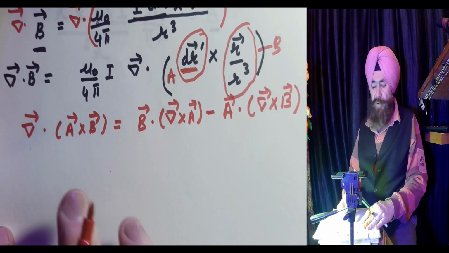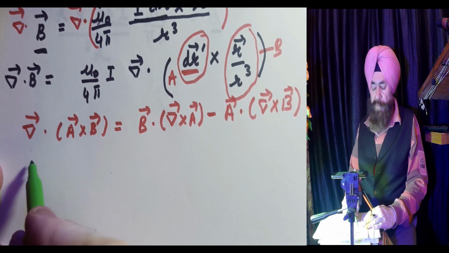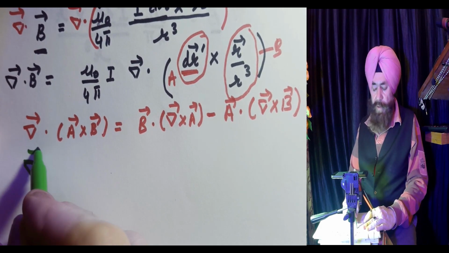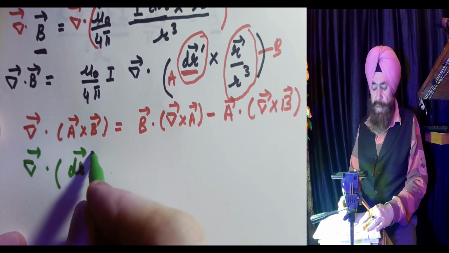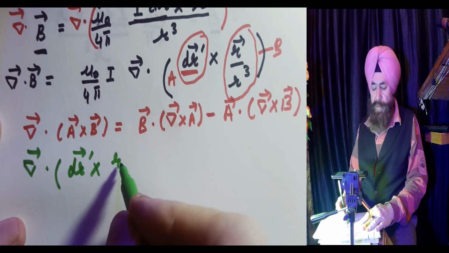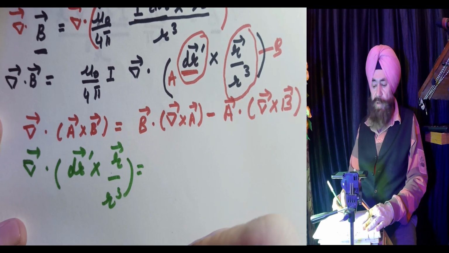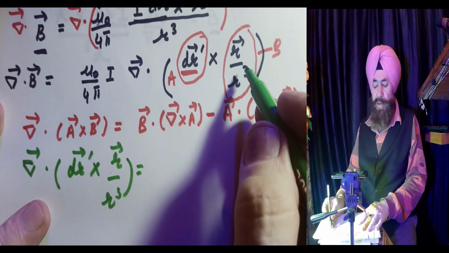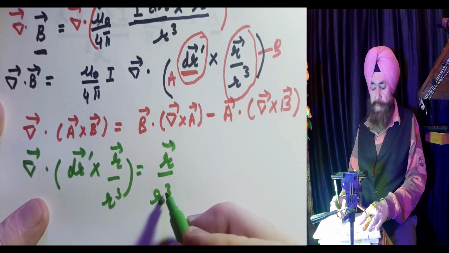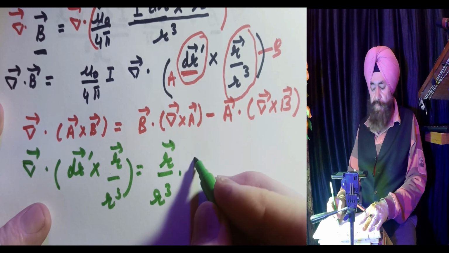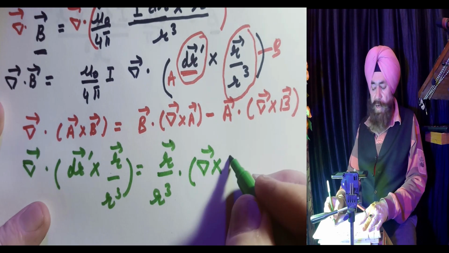Okay, and applying this formula, that means del vector dot dr dash vector cross r vector upon r cube is equals to, first of all, B means r vector upon r cube dot del cross A. What is A? dr dash.